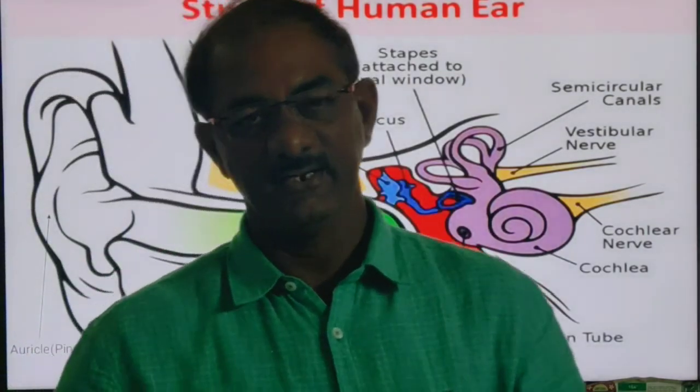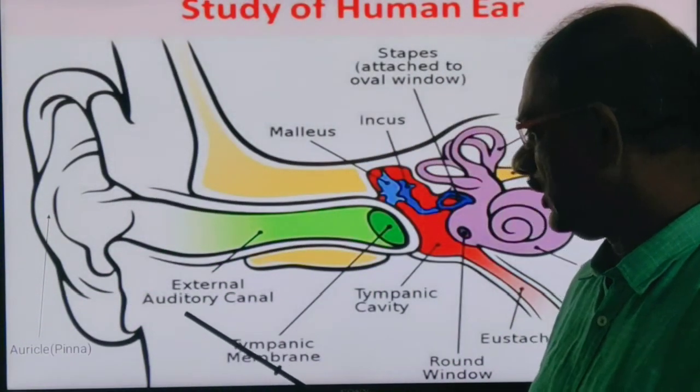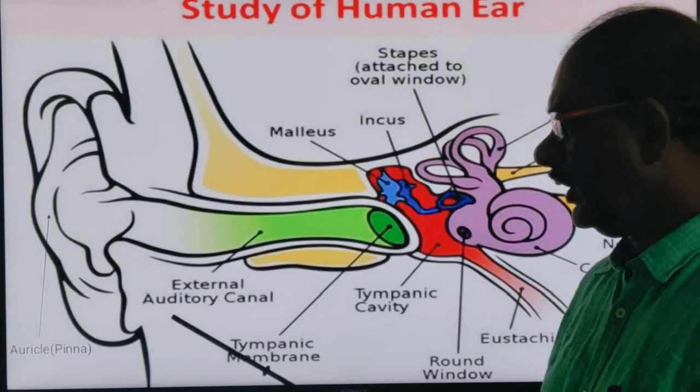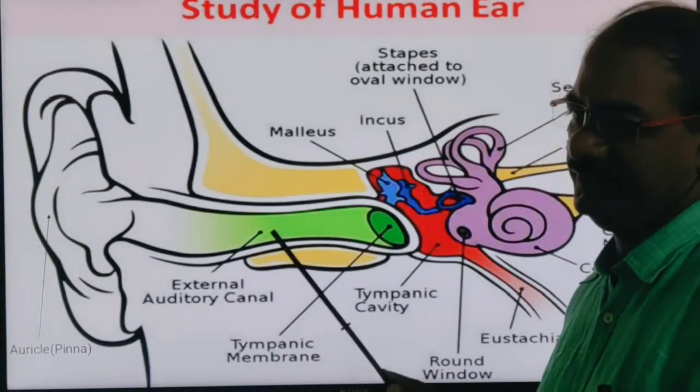The second part of the external ear is the external auditory canal. Auditory means to receive sound waves.